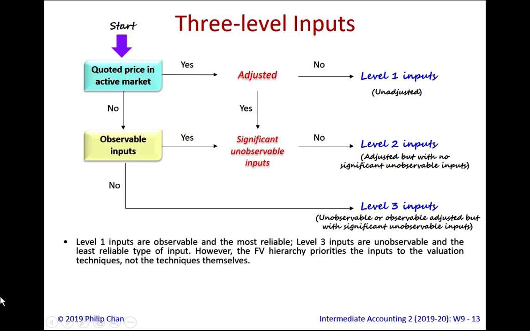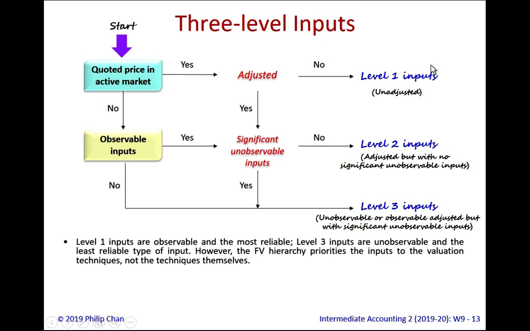Now let's go back to where we do not have a quoted price but we have observable inputs, which is like level 2 in theory. This time, because you need adjustments, and those adjustments involve significant unobservable inputs, then what was originally believed to be level 2 inputs will now become level 3 inputs. So I hope this chart helps you to understand the concept.